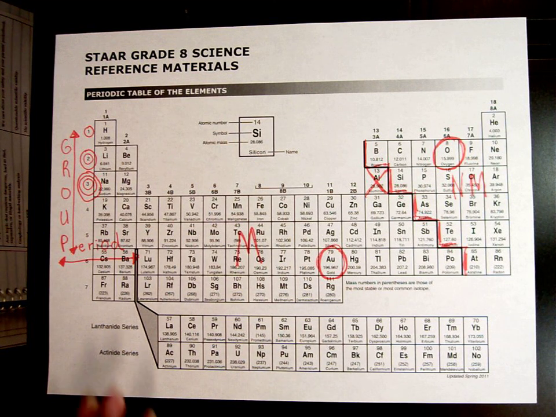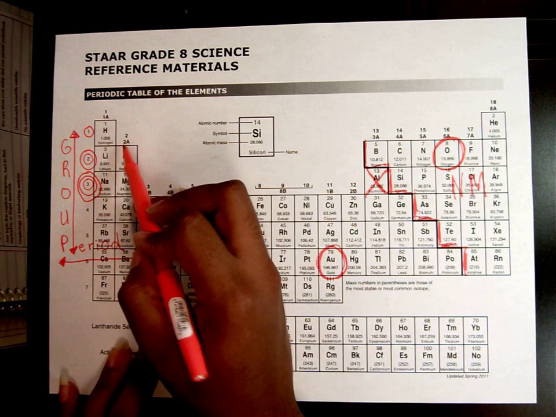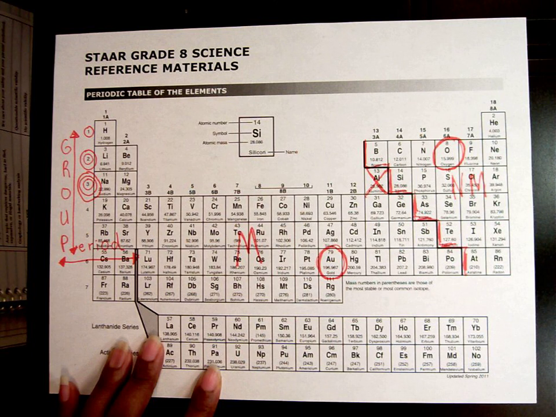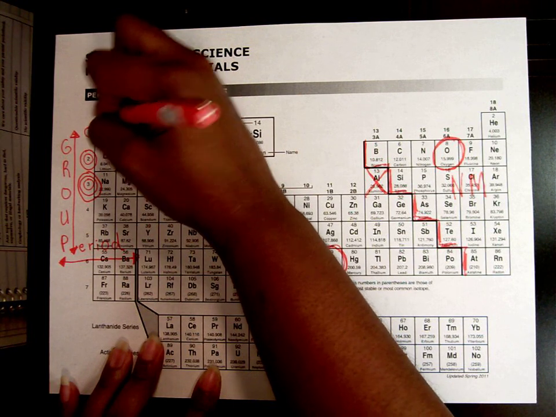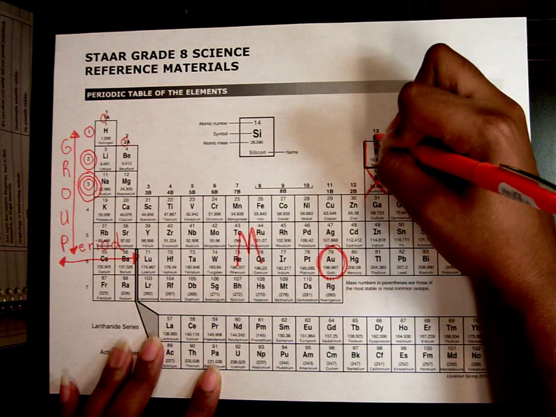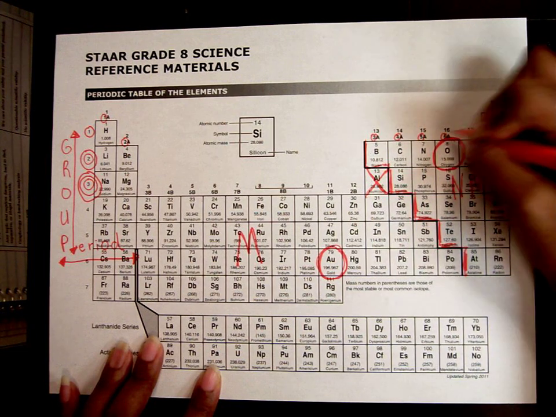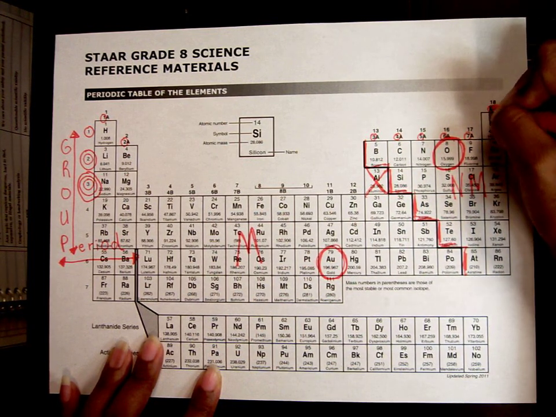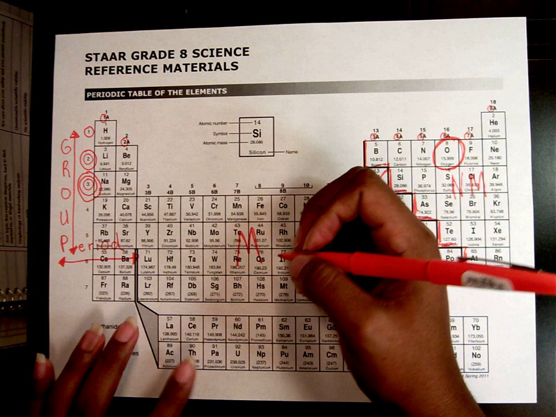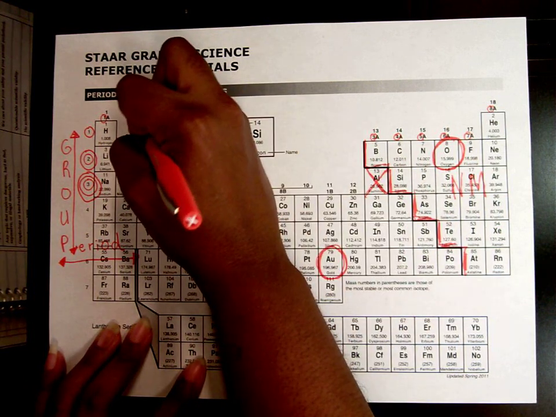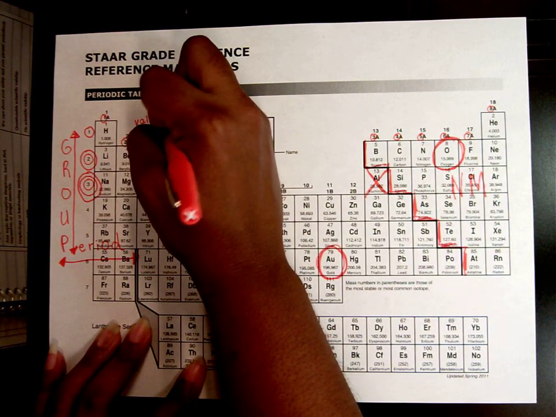Groups. The group numbers tell you how many valence electrons there are. So we're going to take a look at this number here. We're going to circle this first number before the A. What these do is they tell you the number of valence electrons.